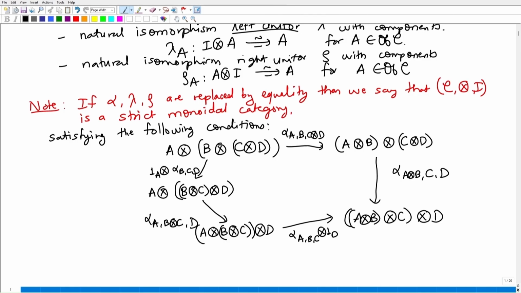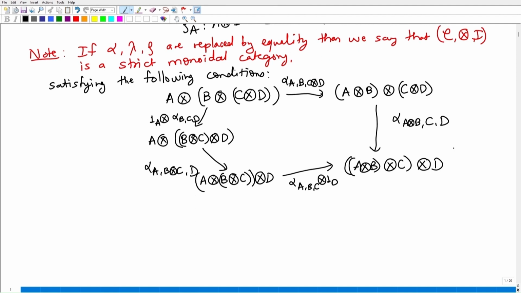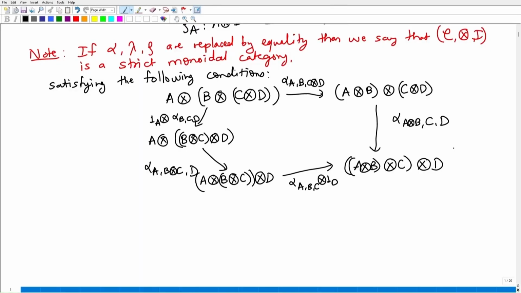Okay, so that's how this is a pentagon. So this is the famous pentagon diagram. These are coherence conditions, so this is a coherence condition, the first one. And what is it trying to say? That whenever we are doing it with multiple things also, for example, you can conclude that if we have any particular 5-tuple of objects, then you can do the same thing and you will arrive at the right thing.